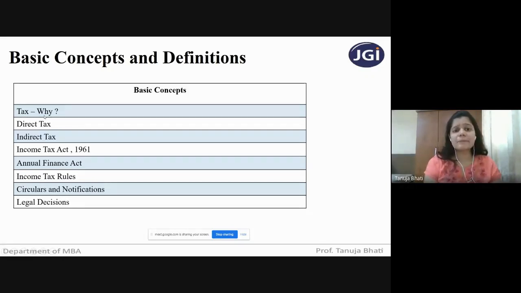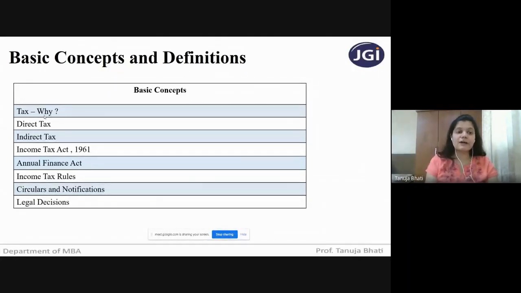Now, you must be thinking, why does the government collect tax? For a simple reason: for the government, the source of revenue is only tax. Why does the government want revenue? For many reasons, because it provides free education to children with the amount of tax.